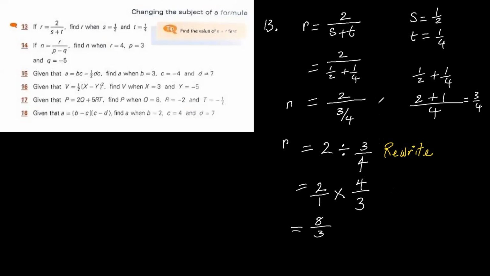This is what we had initially, and then you rewrite to look like this. The answer, if you want to simplify, is R equal to 8/3, or 2 and 2/3.